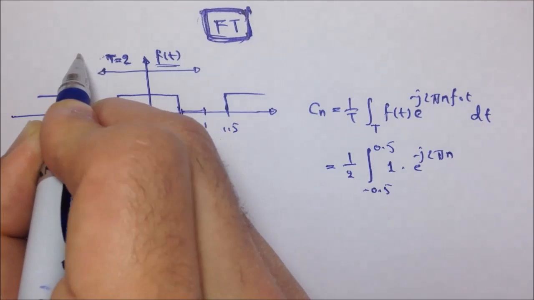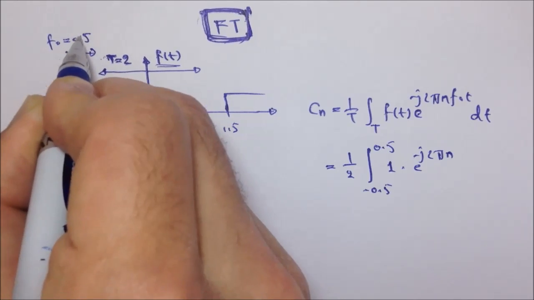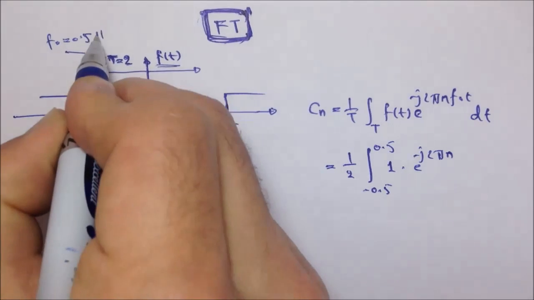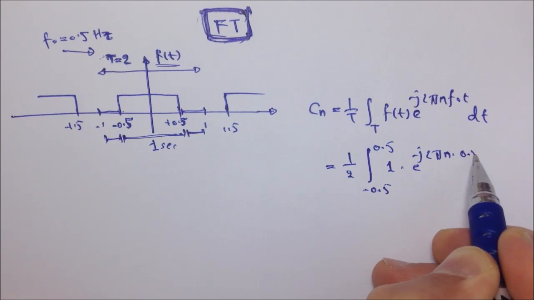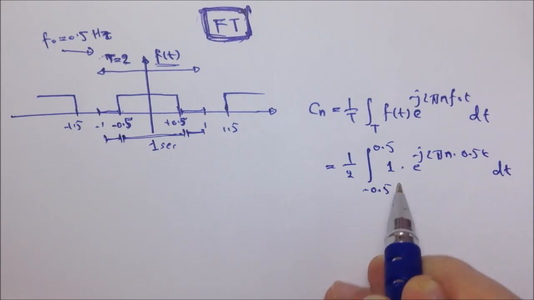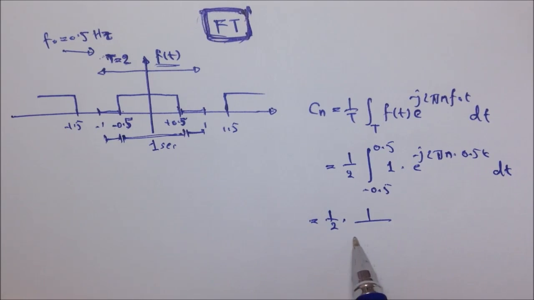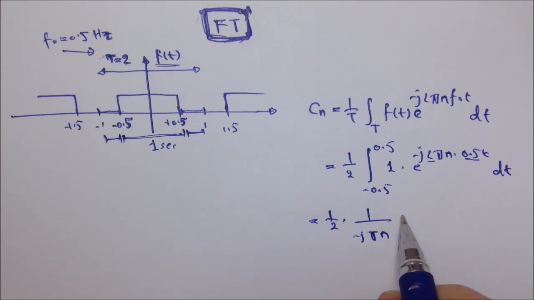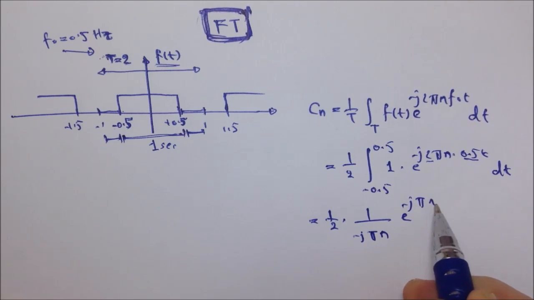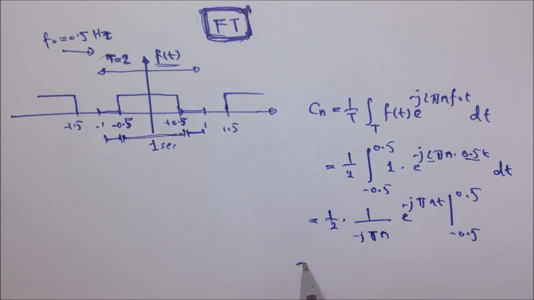Now, if T is 2 seconds, this means that f₀ equals 0.5 hertz fundamental frequency. So, e^(-j2πn·0.5·t) dt, which equals 1 over 2 times 1 over -jπn, since 0.5 times 2 is 1, and e^(-jπnt), from -0.5 to +0.5, which gives us 1 over 2.